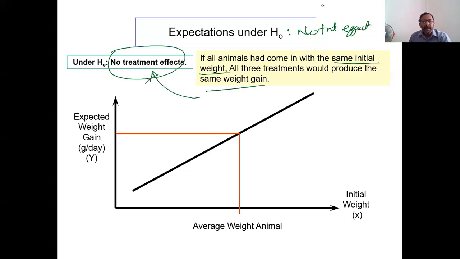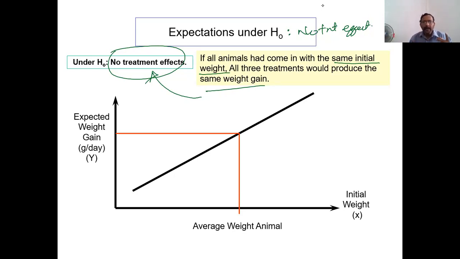Am I right? If all 30 animals come with the same weight, this is just theoretical thinking, right? If all the 30 animals are coming with the same weight, and all 3 treatments are producing the same results, we can come to a conclusion that there is no difference between the treatment effects. All feeds are giving the same weight gain.